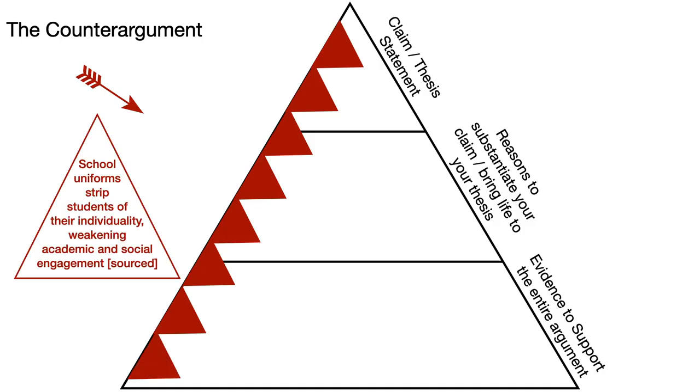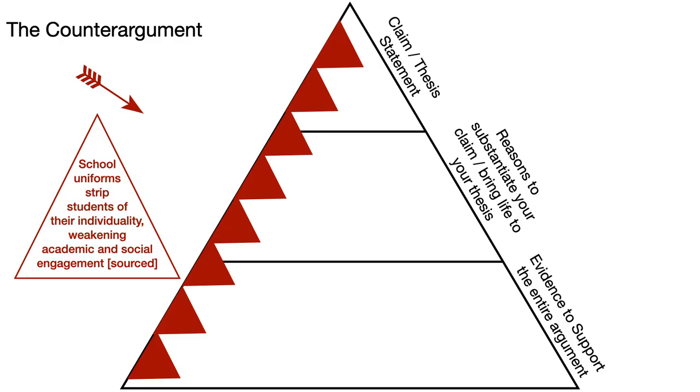For this example, let's say that someone says school uniforms actually strip students of individuality, which ends up weakening academic and social engagement. And let's say, hypothetically, you've provided some sourced information to back up this counterargument. Your argument grows weak and flawed if you ignore this counterargument and let it persist alongside the claim and thesis that you are trying to actually argue for.